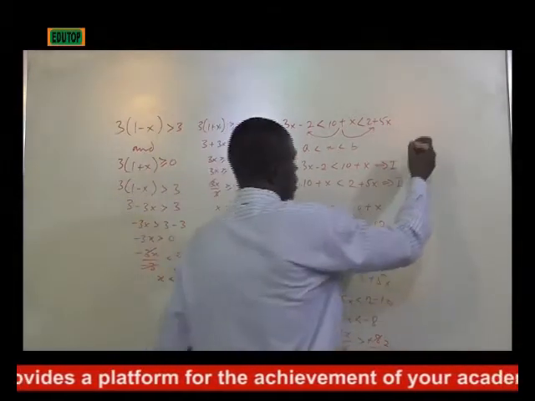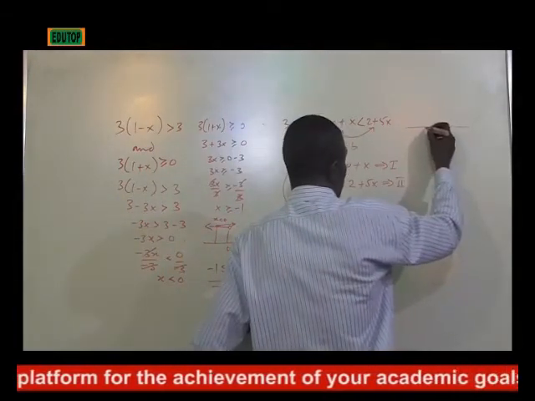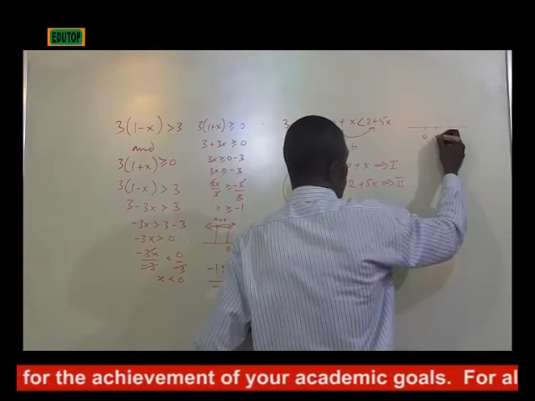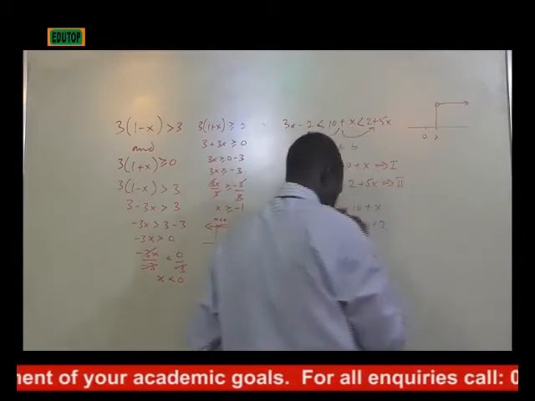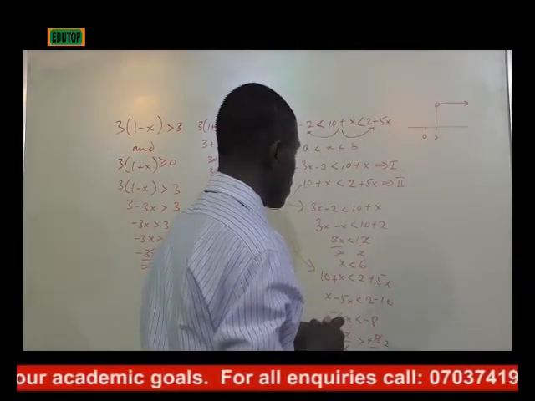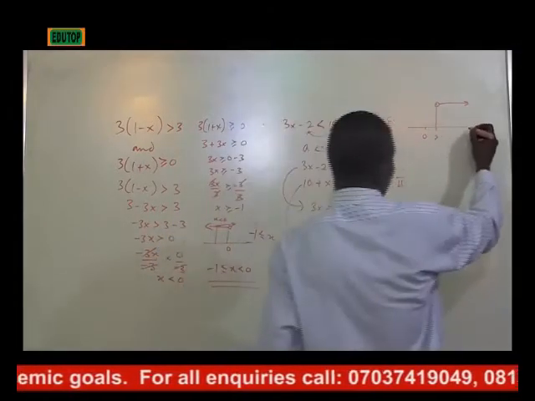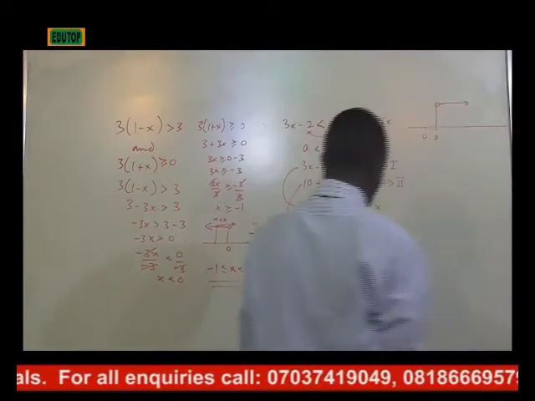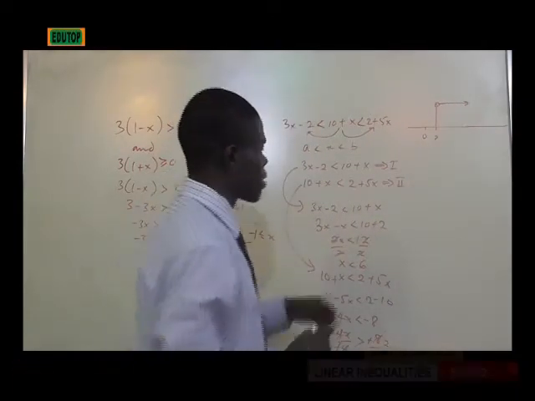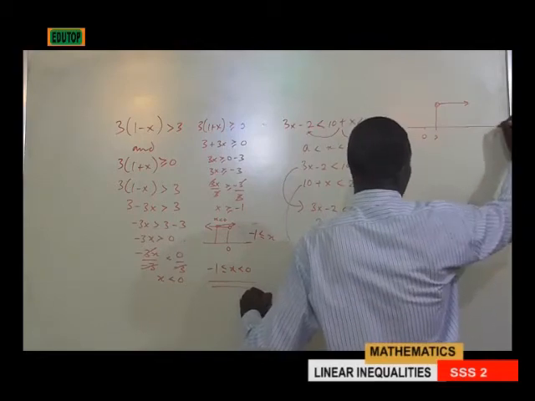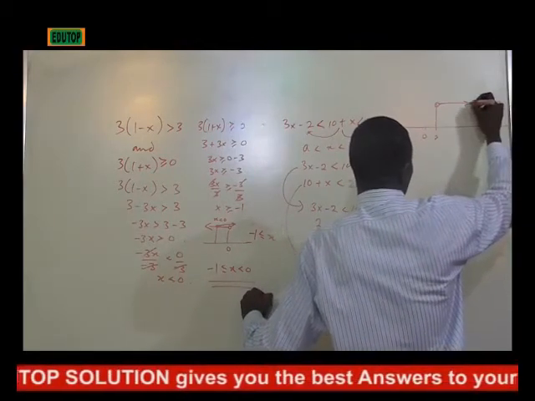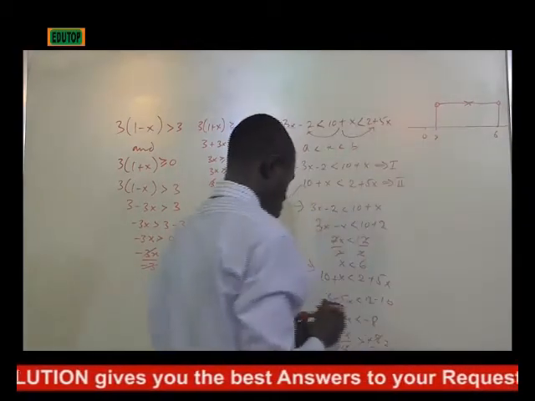So we have a scenario where let's say this is our 0, our 2 is here, and it is greater. Then this extends to this region, and we also have our x less than 6. Let's say our 6 is here. Our x is now less than 6, so they are coming together.